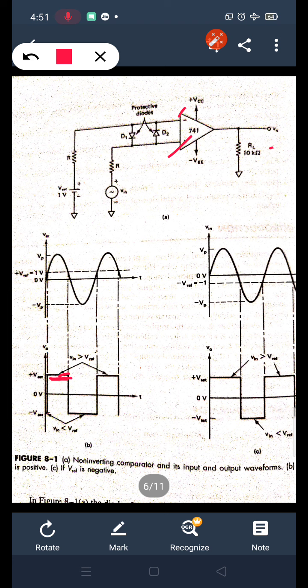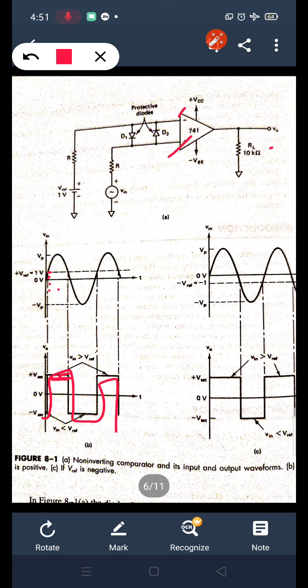Therefore, whenever our input voltage crosses the reference voltage, the output voltage changes instantaneously from one saturation level to the other, from minus VCC to plus VCC or plus VCC to minus VCC.